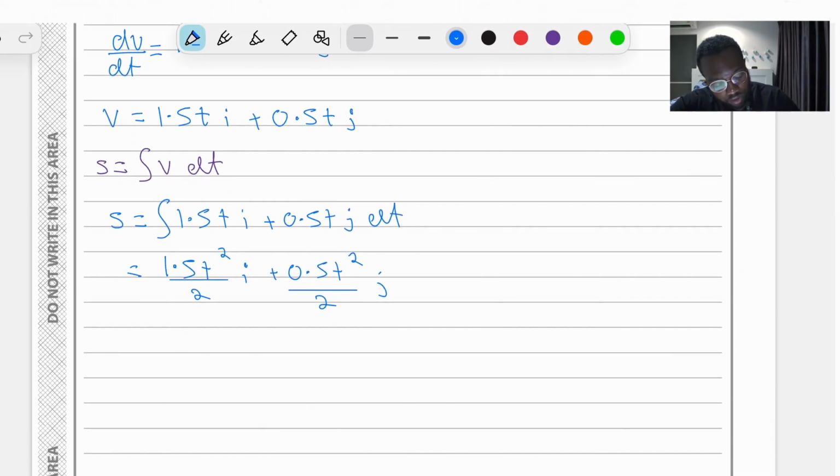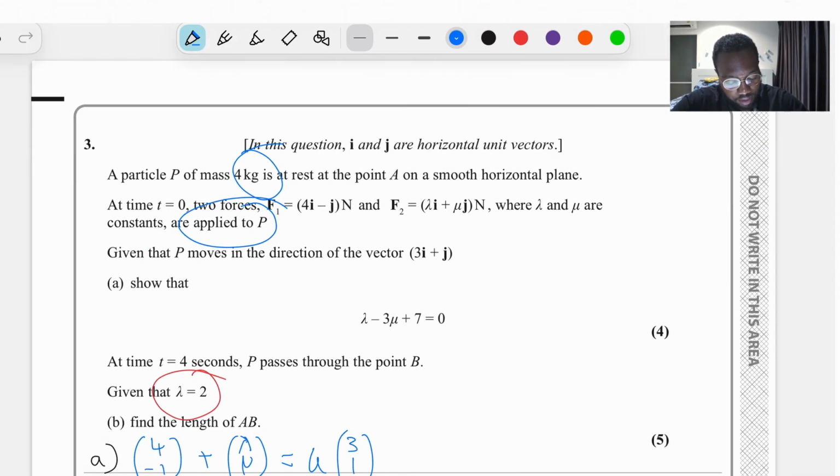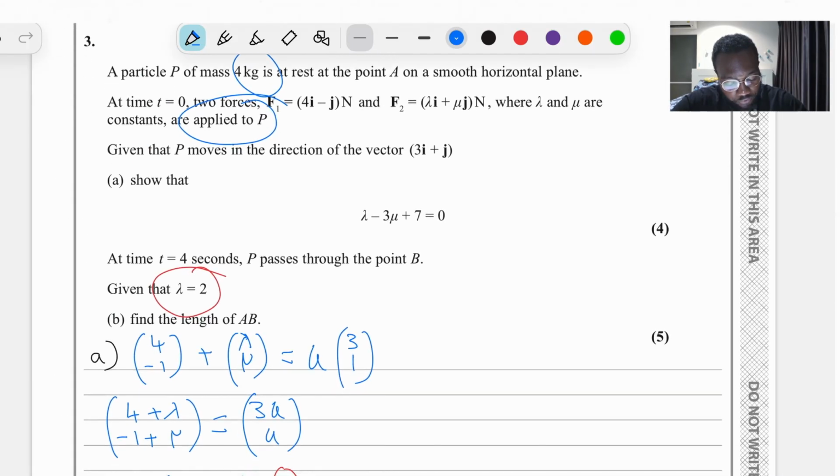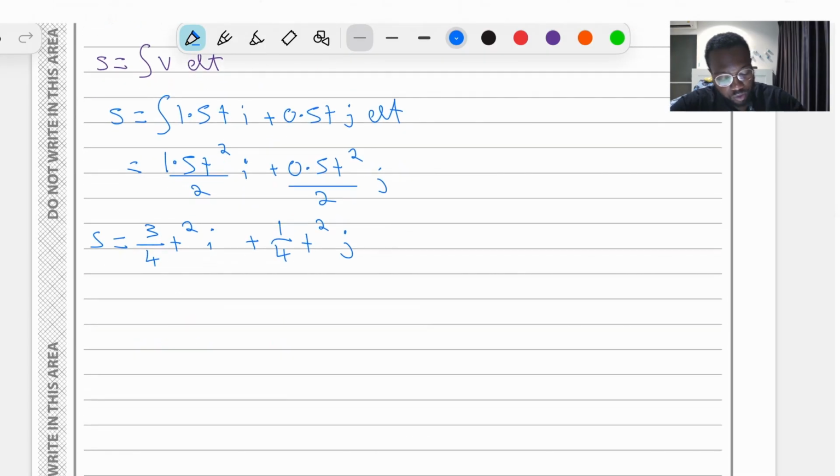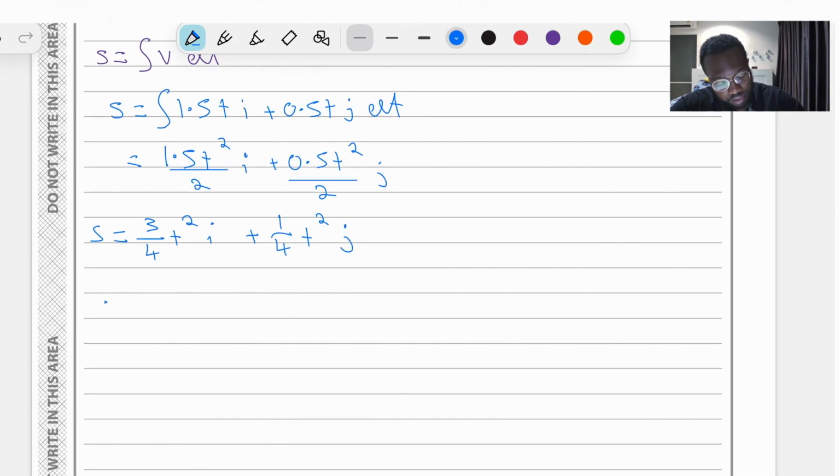And if you work that out, you would get 3 over 4 t squared i, okay? And for the next one, you would get 1 over 4 t squared j, okay? So now that is our s value. Now, they tell us that at time t equals 4 seconds, so to work out our s value, we just need to put in 4 for t.